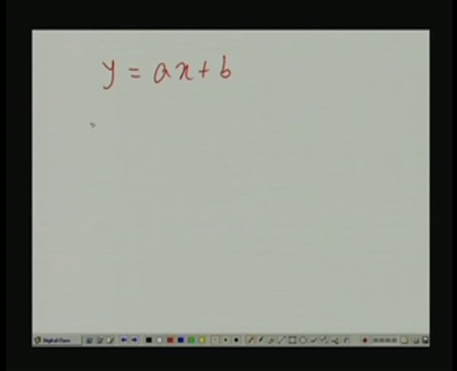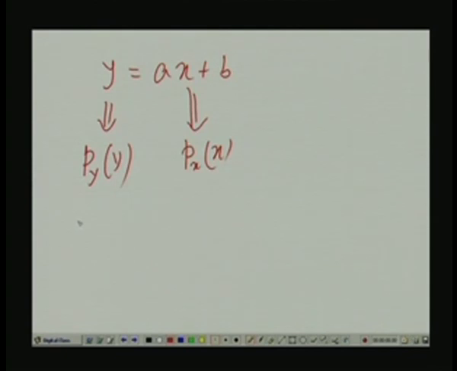Then y has its own probability density function p y y, where this y within parenthesis is the variable, and the subscript y is just a symbol showing that this is the probability density of the variable y. And x is a random variable that has probability density p x x. Once again this x within parenthesis is the actual variable, and this subscript x denotes that it is a function for the random variable x.